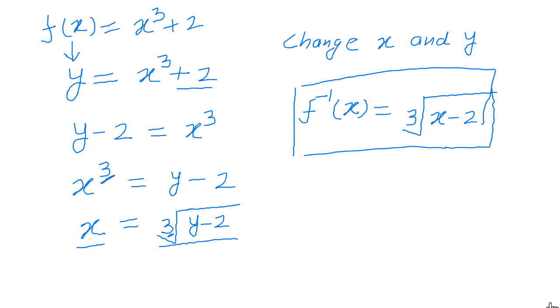Subtract 2 from the left: y minus 2, and here x power 3. So x power 3 is y minus 2, right? Then this power 3 is deleted, so x remains, and here is the cube root of y minus 2. Finally, write this x as f inverse x, and this y changes to x. Just remember these 3 steps.